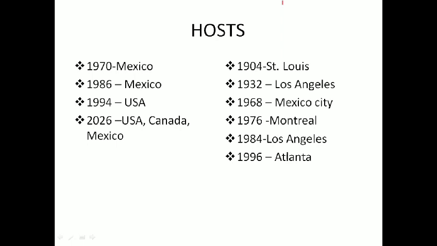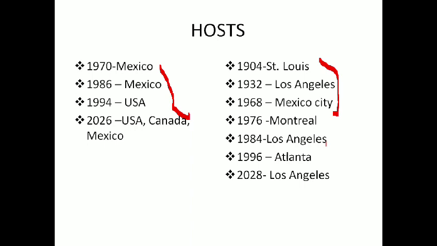So these are FIFA World Cup hosts on this side, whereas this side are Olympics hosts. But this is also one way of learning.